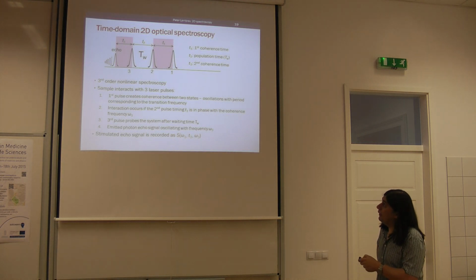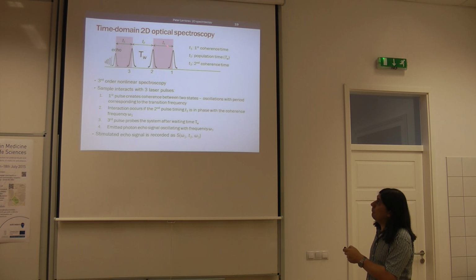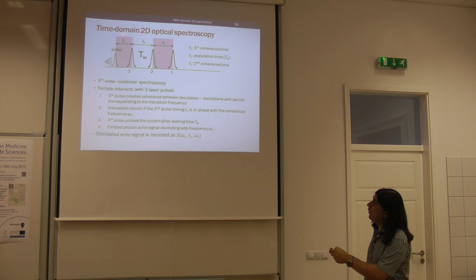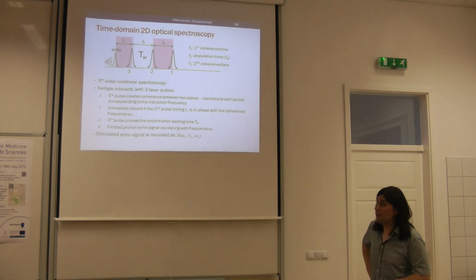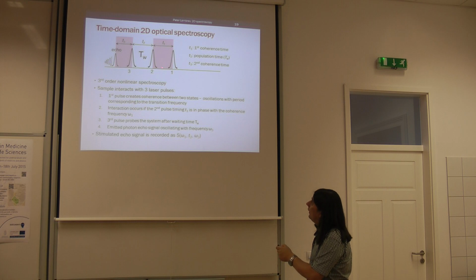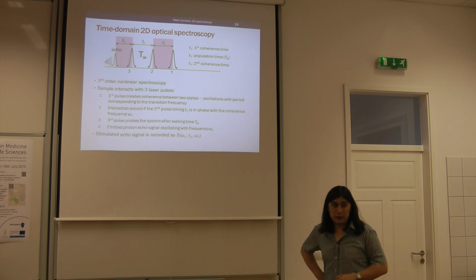And in the 2D, what we do is we split the pump in two, then we have the probe. And third order means this is a 4-wave mixing, maybe somebody has heard the term 4-wave mixing, in which we get a photon echo signal.